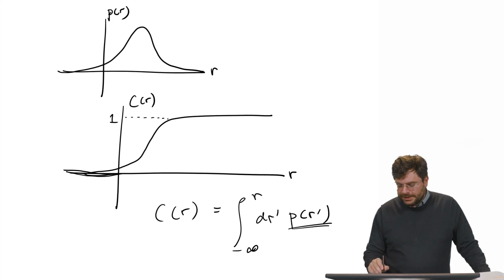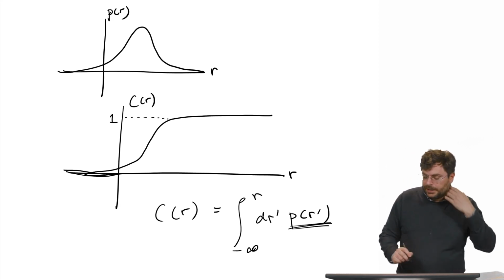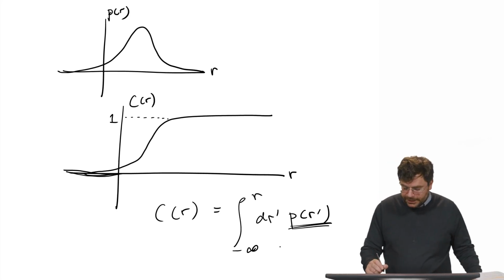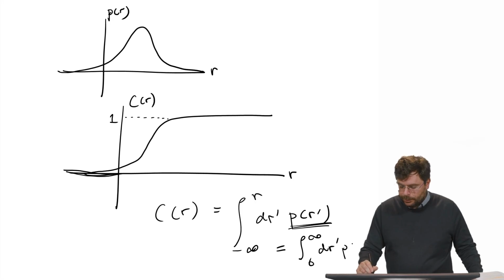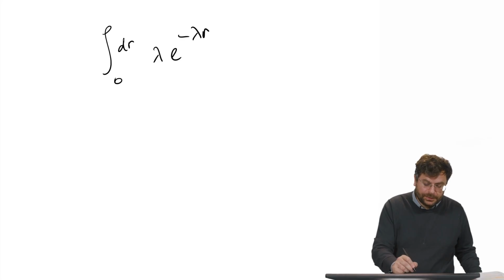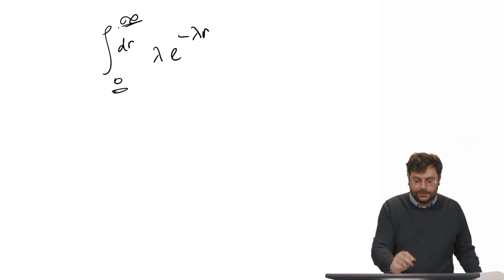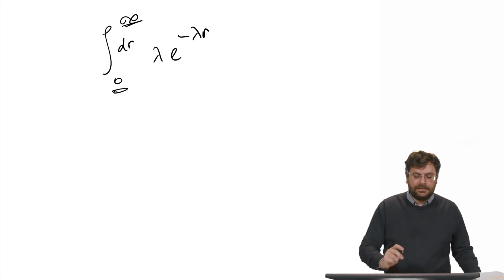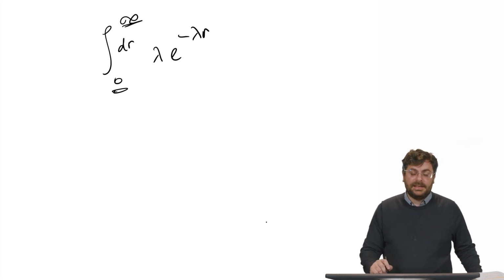So if I were to write this down with the understanding that P of R is exponential, this is fine, because I would understand that this integral here simplifies to 0 to infinity dr prime p of r prime, because the exponential has no domain over negative values of r prime. Now if I explicitly write lambda e to the minus lambda r, I already give it a very specific form, then I must write 0 to infinity because at this point this function here blows up when r is negative, right?